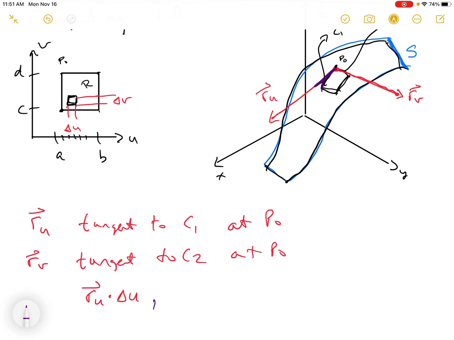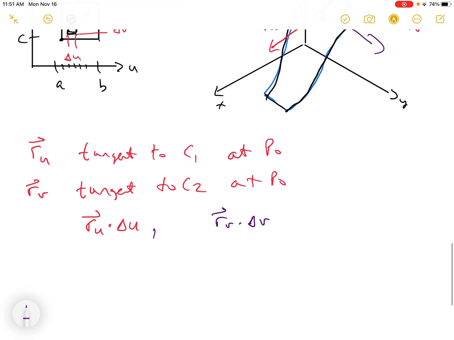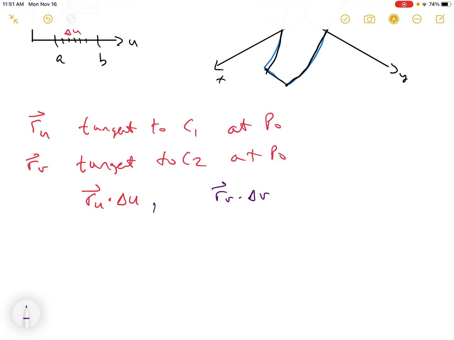And you do the same thing for v, and you take the vector r sub v and multiply it by delta v, and you get just a little chunk here. In fact, it overlaps. So I'm going to take this chunk out and make it super magnified. What you have is a parallelogram here. This is r sub u delta u, and this is r sub v delta v, and this is the point P0.